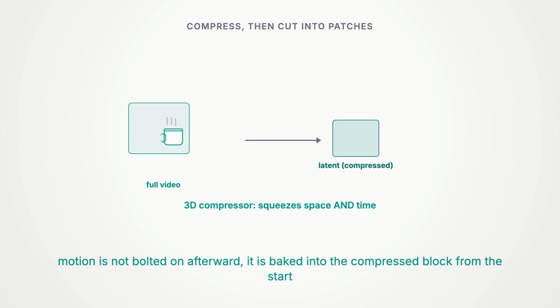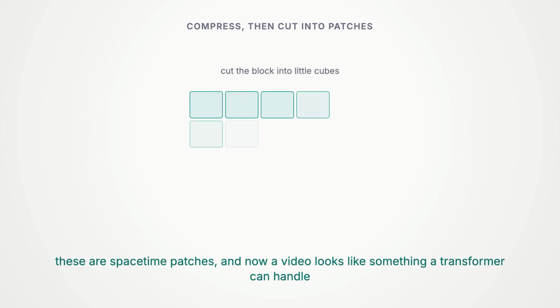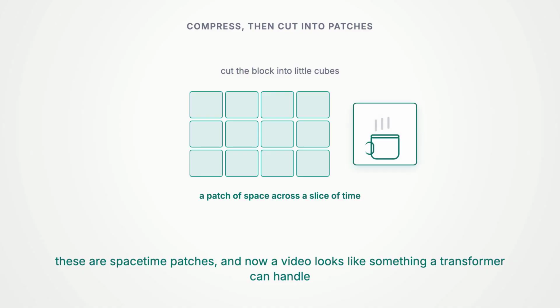Now, how do you feed that compressed block to a model? The same way a language model eats a sentence, by chopping it into tokens. The image episodes cut a flat picture into little square patches. Here you cut the block into little cubes. Each cube is a small chunk of space across a short slice of time. A cube of the cup is not just that corner of the image. It is that corner moving for a fraction of a second.